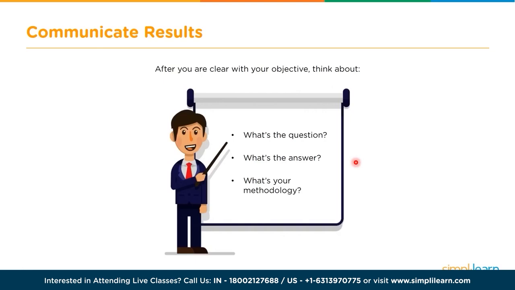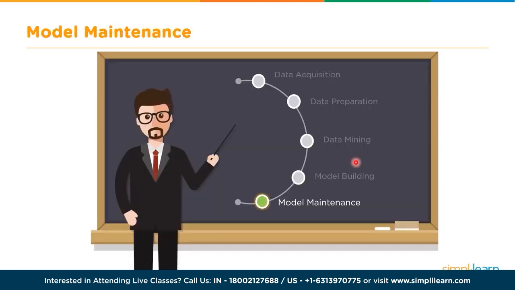So we need to put the results and the methodology that we have used, all of that clearly communicated in business terms so that people understand very well from a business perspective.